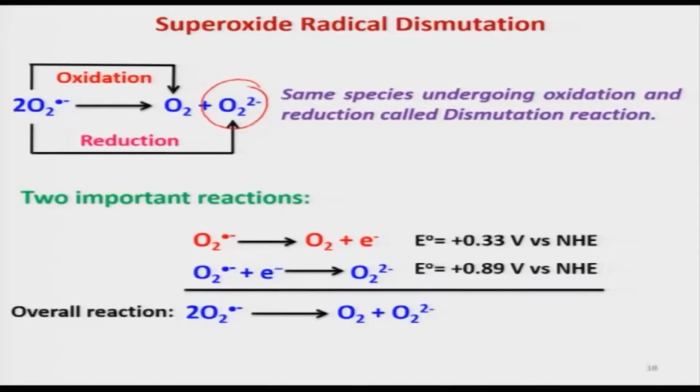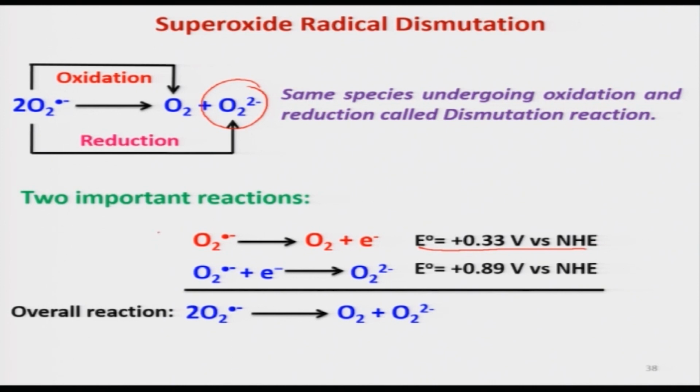If we look at the thermodynamics of this, there are two redox potentials. One is O2 minus converting to O2 plus an electron, which has an E0 of plus 0.33 volt versus the normal hydrogen electrode.